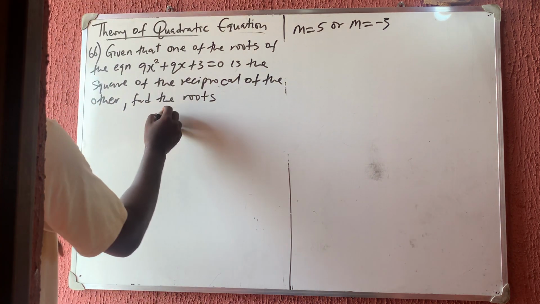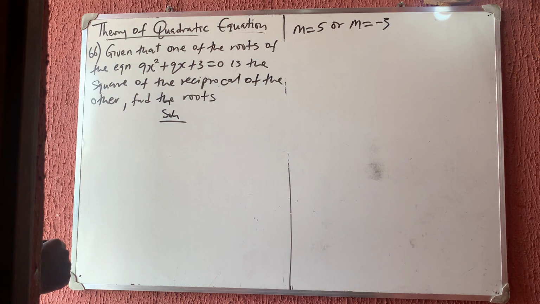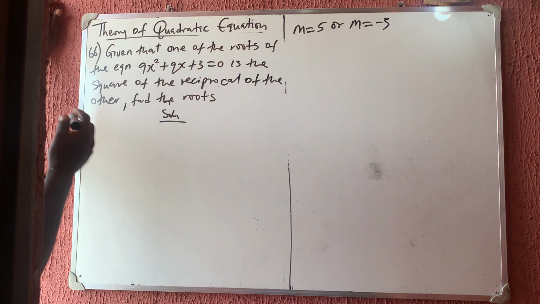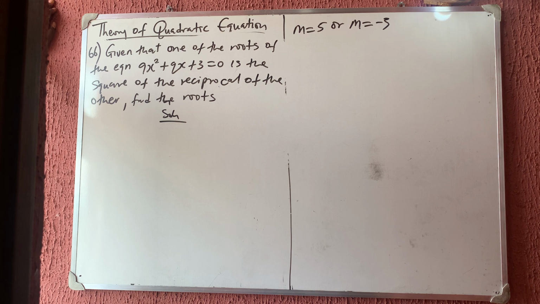All right, solution. They say that one of the roots of this, so we have alpha and beta. They say find the roots. First of all, we need to find q.